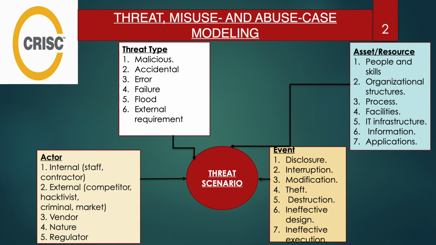Understanding instances of misuse and abuse makes it possible to build a resilient system that can withstand mistakes, misuse and abuse. So in the process of attempting to pinpoint the threat actors, as we have seen, there are different types like actors, threat type, event and asset. We'll discuss each and everything one by one.